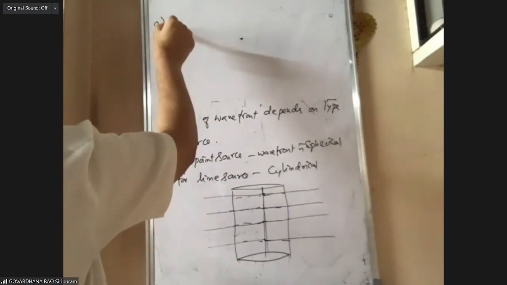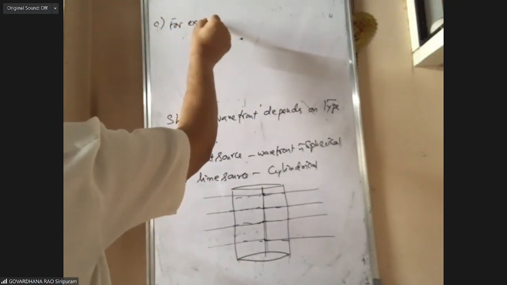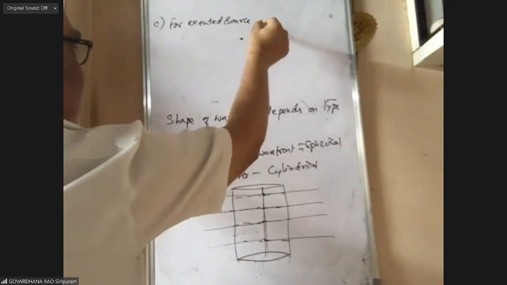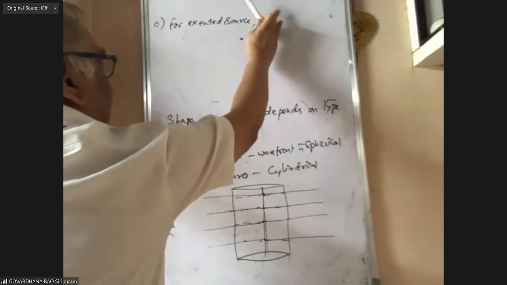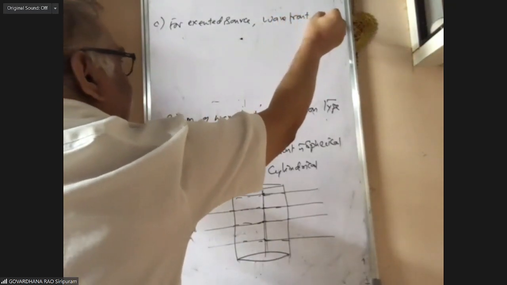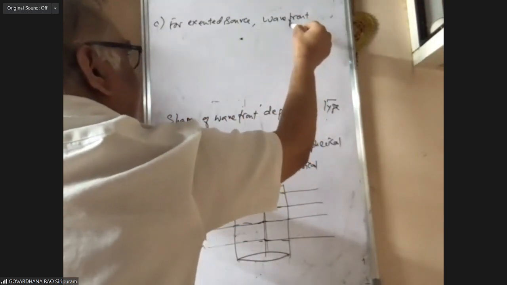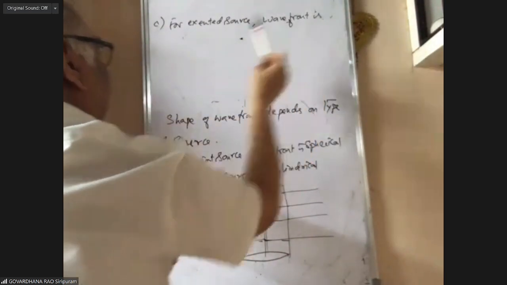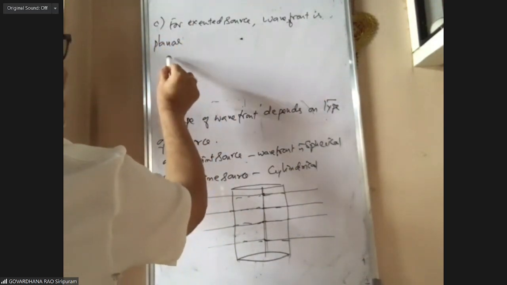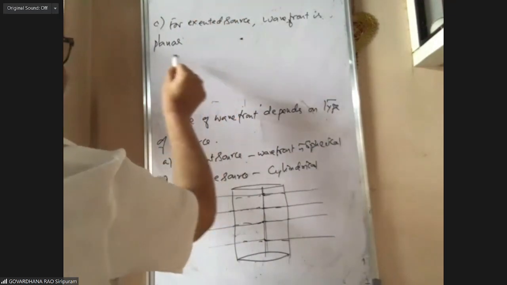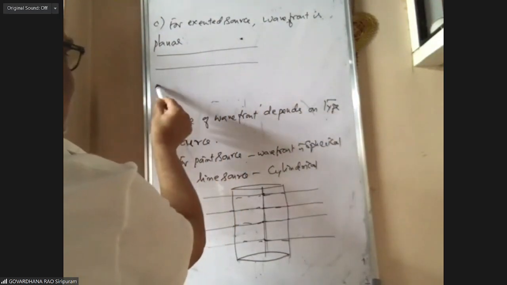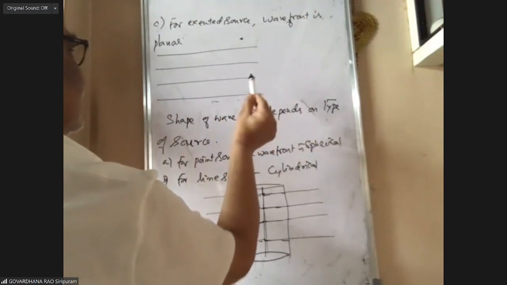Okay, next for extended source. For extended source, what is the wavefront? Wavefront is planar. Extended source means source which is at infinity. So for extended source, these are the rays coming from extended source.